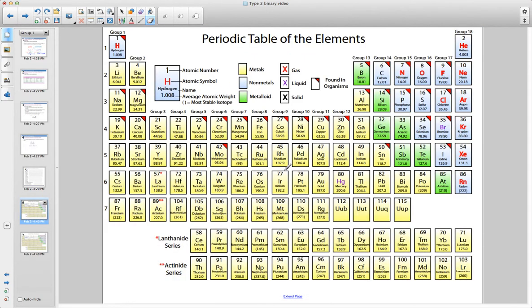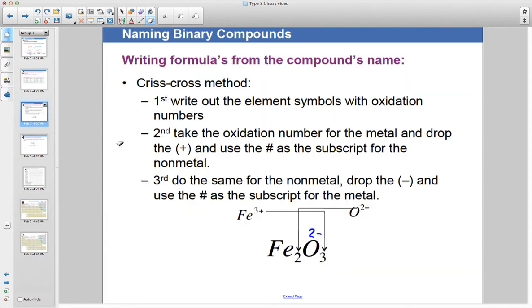Well, we said that some of these are very nice to us. We know that everything in this group is a 2 minus, and everything here is a 1 minus. So knowing some of these is very helpful for us. So let's go back to this one right here. If we know that this is a 2 minus, we can work backwards.